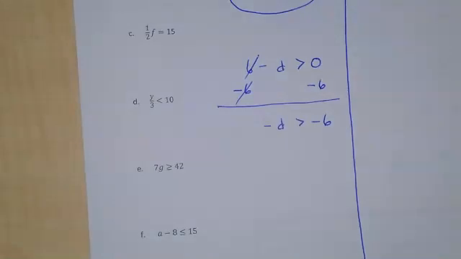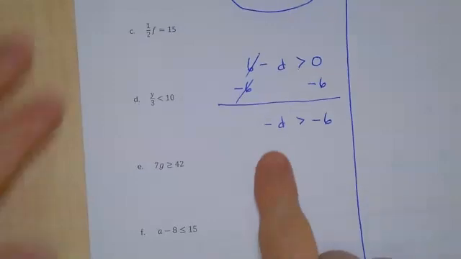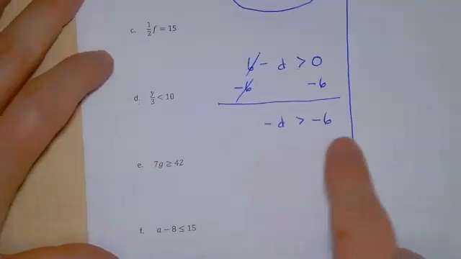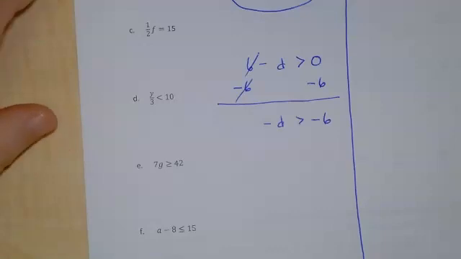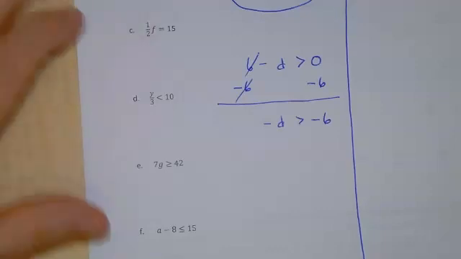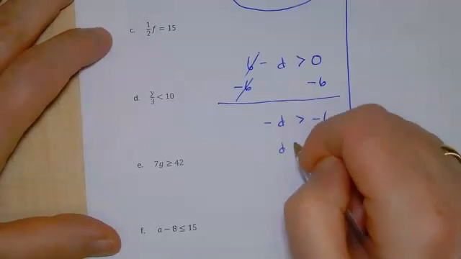Now here's something tricky about this. The problem is we have the opposite of d is greater than the opposite of 6. So we want to get rid of those opposites. So if we take the opposites away, you end up with d is greater than 6.